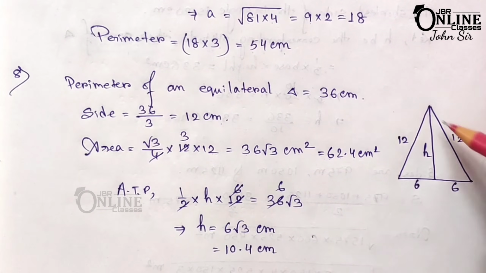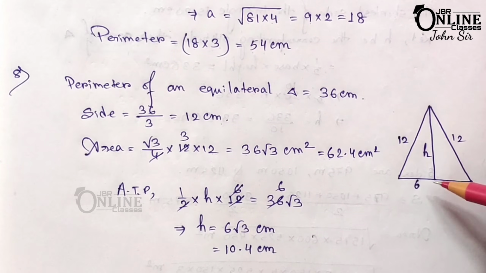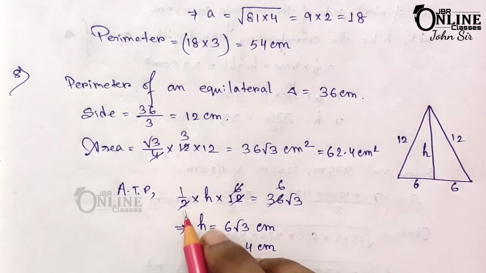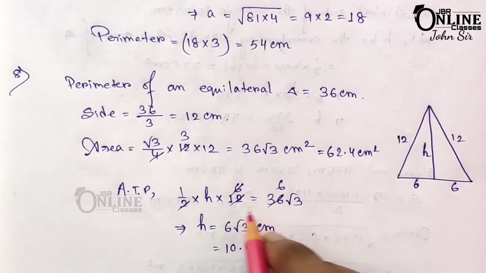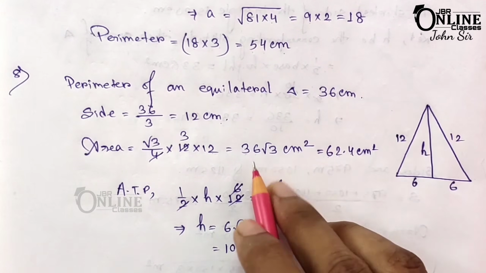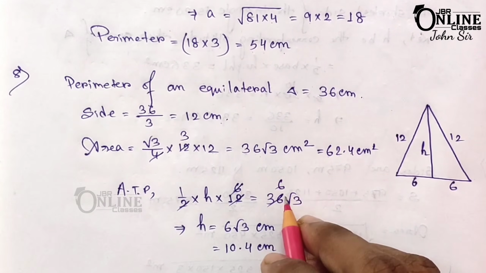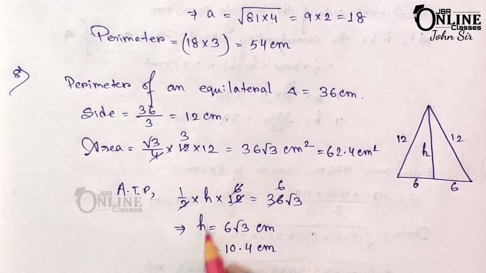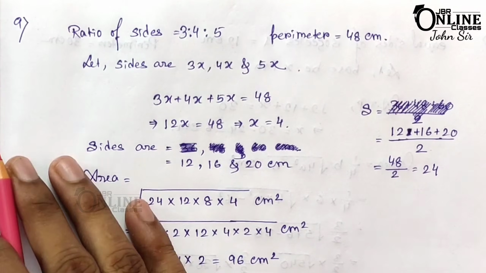As you know, the general formula to find the area is half into base into height. So here half into height into base equals 62.4, or you can also write 36 root 3. Both are the same. So here h will be 6 root 3 centimeter, and that will be 10.4 centimeter.